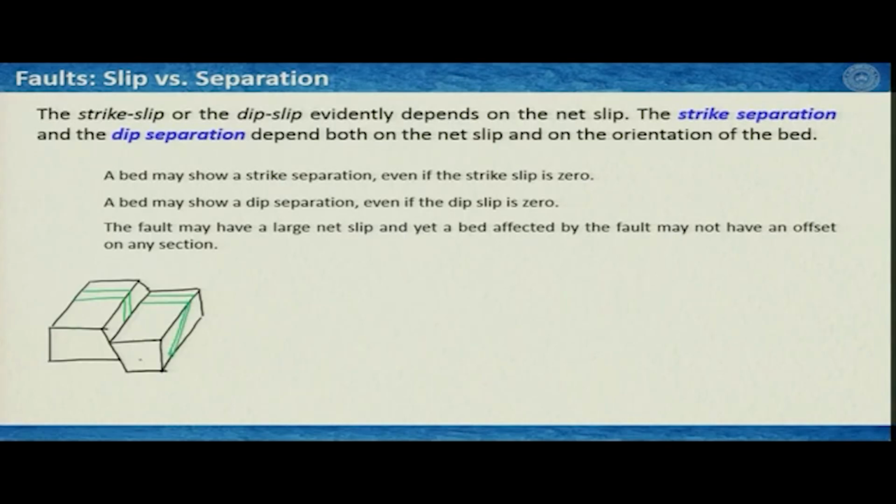That means the bed is inclined and has a dip. And again, if this part gets eroded like this, then what we will see in reality or in the field is a trace of the fault plane, and on this side we may have something like that.